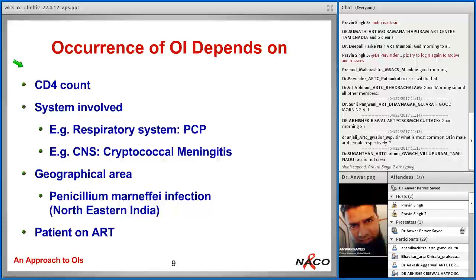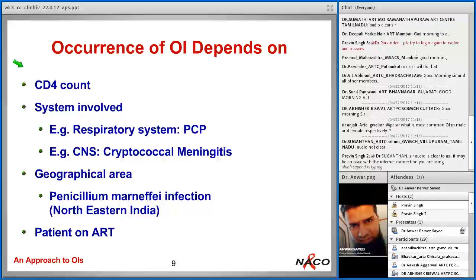But good question. Occurrence of OI depends on multiple factors which we already discussed before. That is CD4 count. As we saw, if CD4 count is very low, the risk of OI is high. Then the system involved, there are specific OIs that have preferences for specific systems.